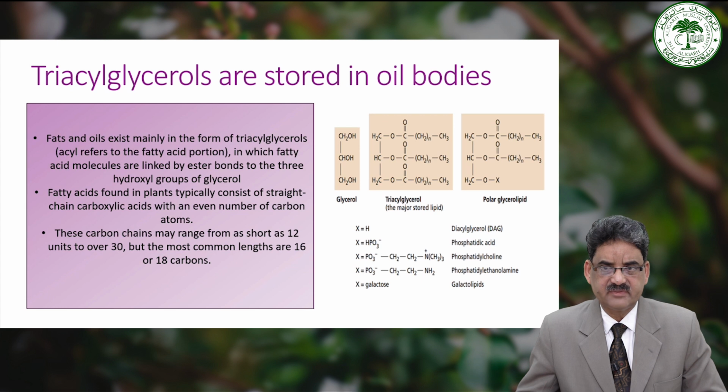The length of these carbon chains varies, ranging from as few as 12 units to over 30. However, the most prevalent lengths observed in plant fatty acids are 16 or 18 carbons.